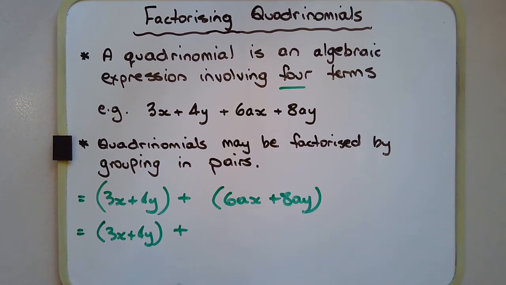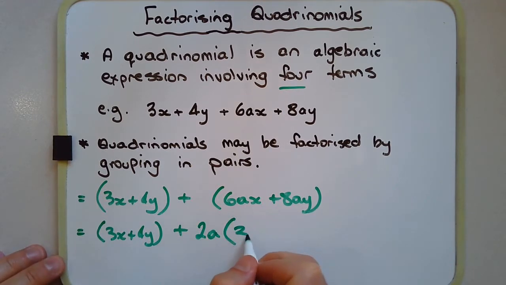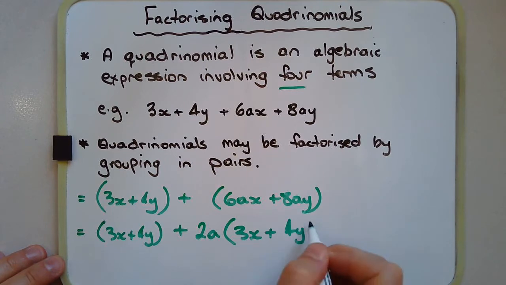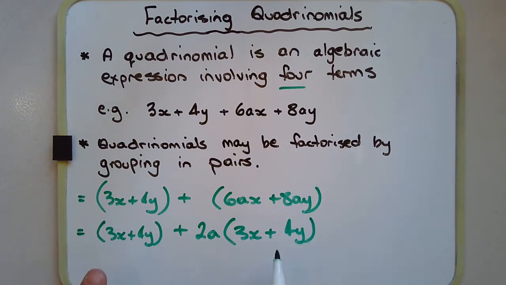But the second pair of terms, we can factorize out a 2 and an a. So this becomes 2a, and this will be 3x plus 4y. We can see here that we have identical brackets now. We have the 3x plus 4y, and we also have the 3x plus 4y here when we factorize the second pair of terms, so that one is identical as well.